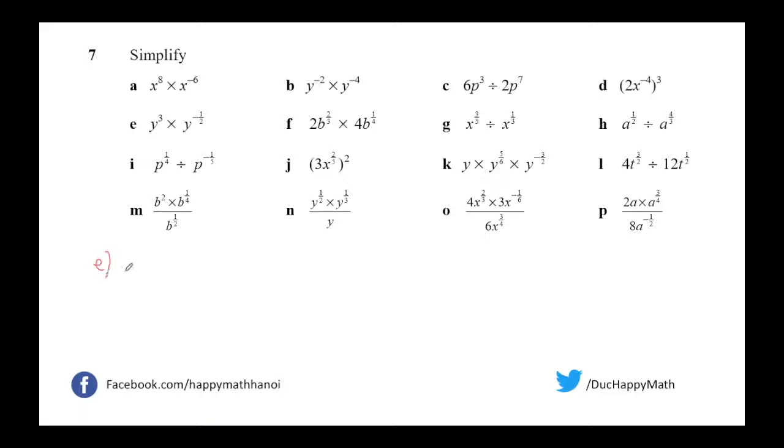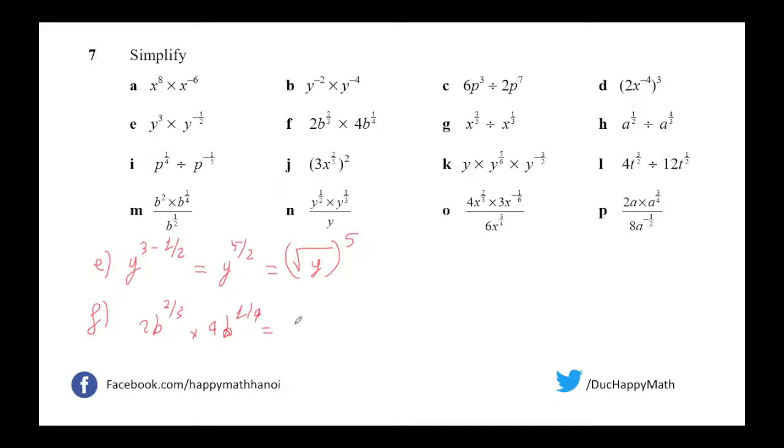E, quite easy. y to the power of 5/2 means the square root of y first and you take the power of 5 outside. Okay, how about F? You have 2b^(2/3) times 4b^(1/4).